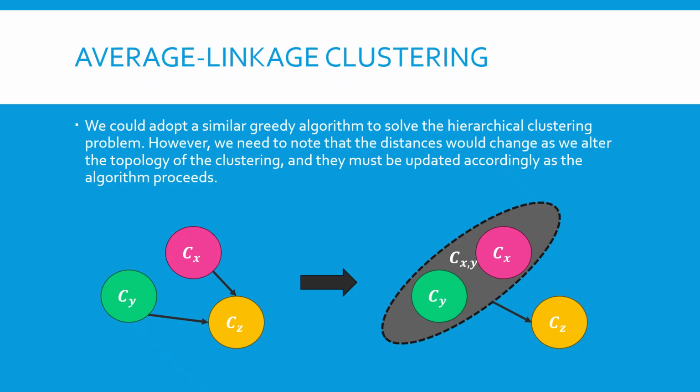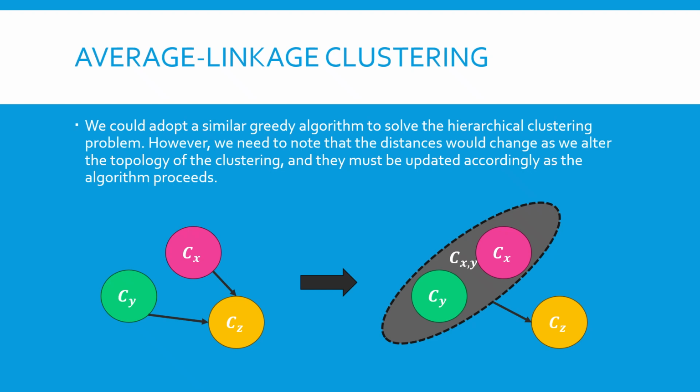Unfortunately, changing the spacing definition also complicates the algorithm. In single-linkage clustering, the distance between two objects never changes as clusters are being merged. But in average-linkage clustering, the distance does change whenever clusters are merged.